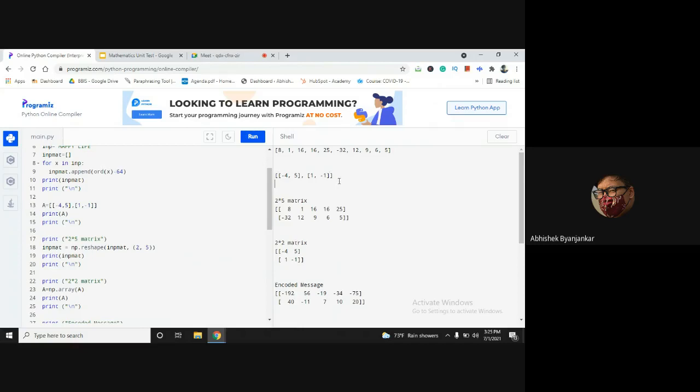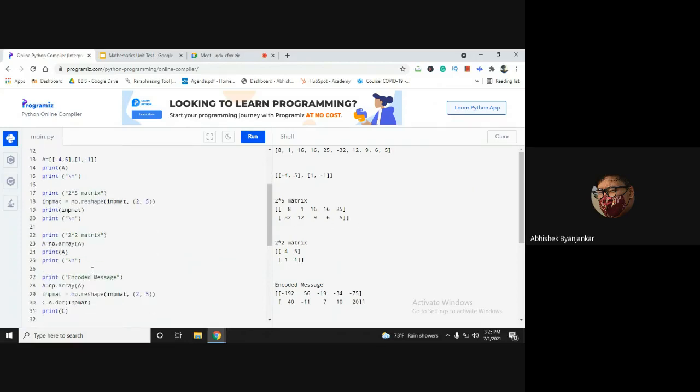These are already in a 1 by 10 matrix, in a straight line, but I need it in matrix form. So to keep it in matrix form, I used reshape with 2, 5, that means a 2 by 5 matrix. As you can see over here, it is an array in the 2 by 2 matrix.